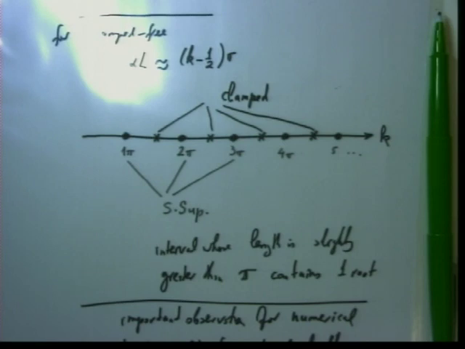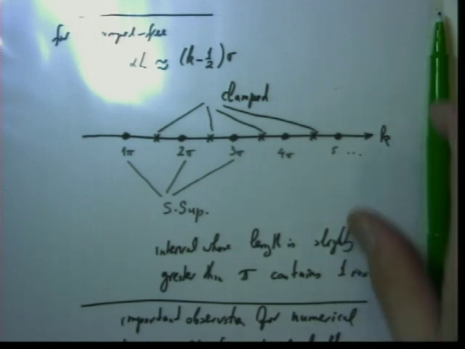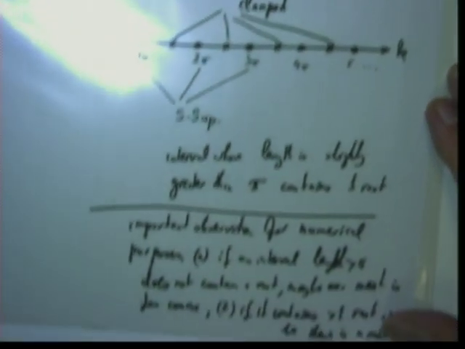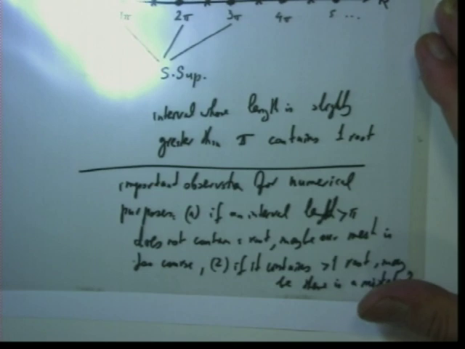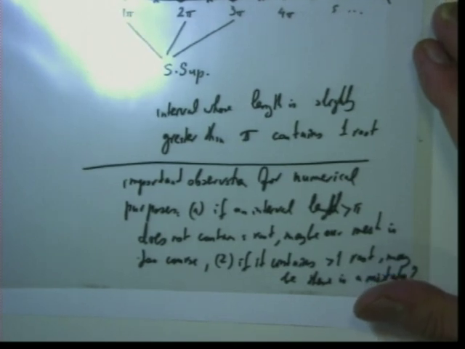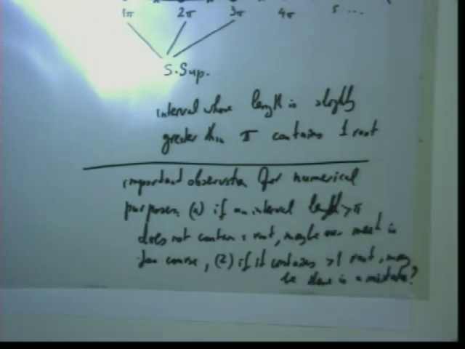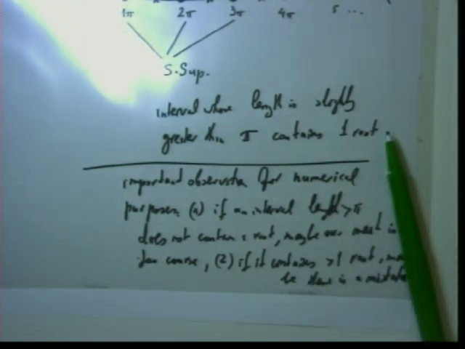Any interval of length a bit bigger than pi will contain at least one root. It is an important observation for numerical purposes. You may want to write it down.